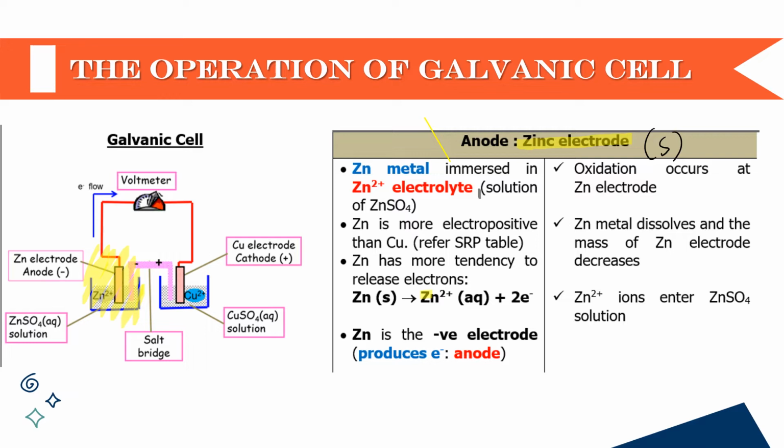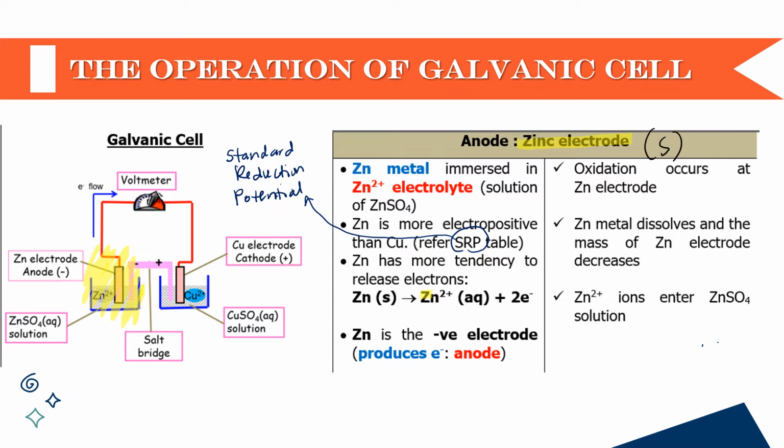Standard reduction potential, SRP. This SRP table is used to determine whether the metal, the electrode that we use, will undergo oxidation or will undergo reduction.